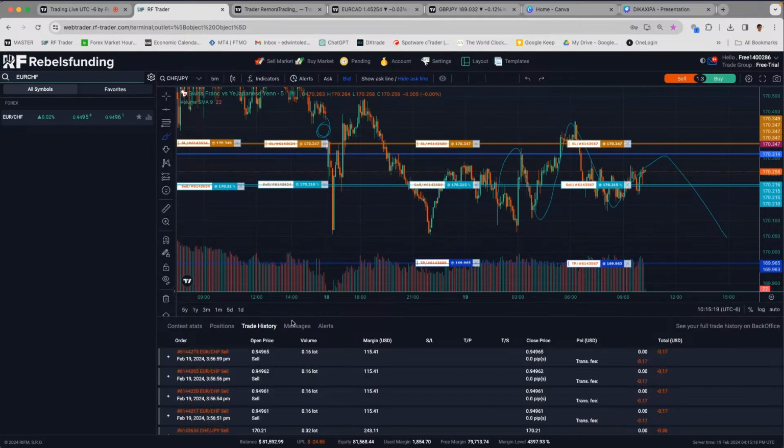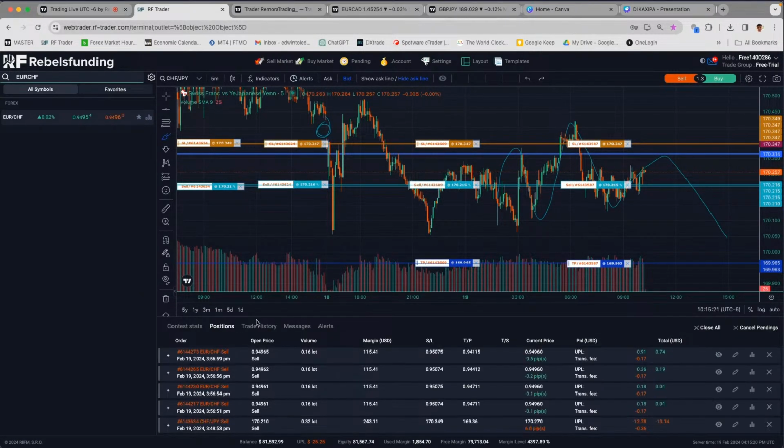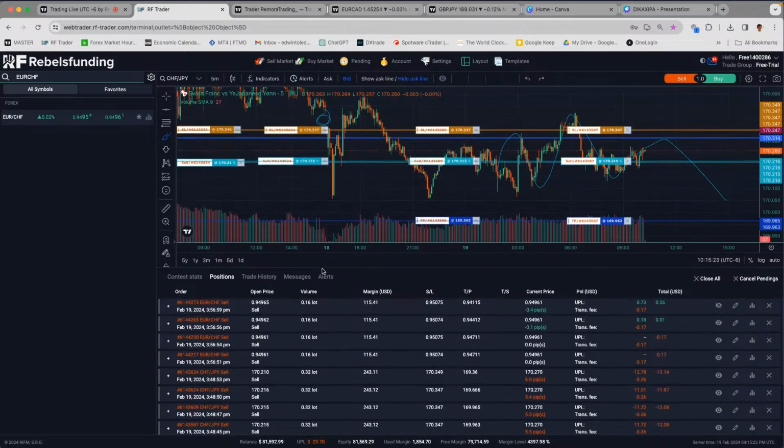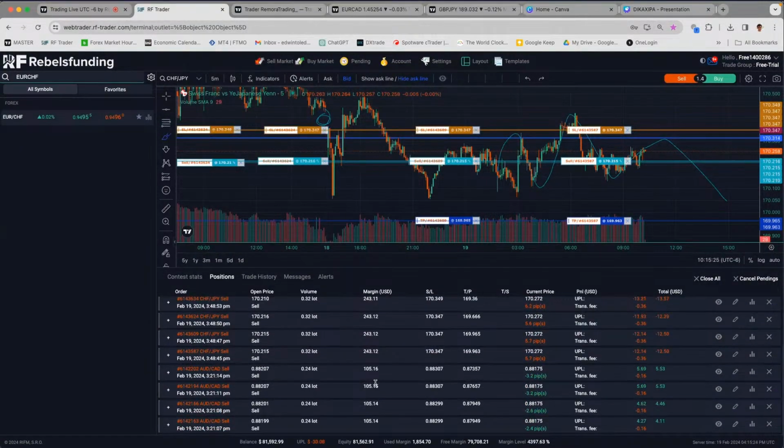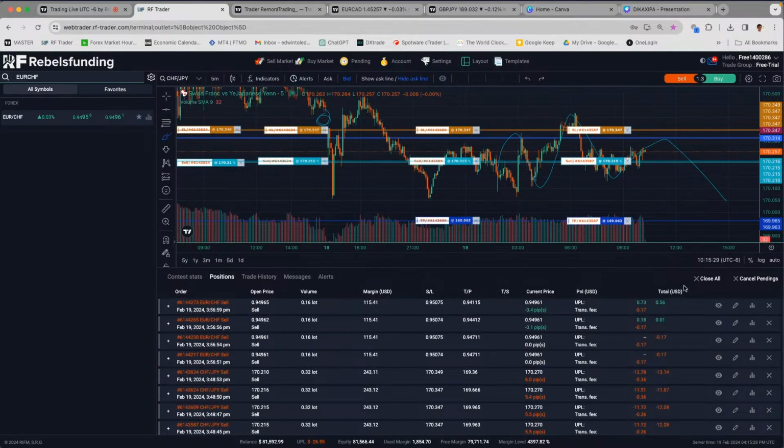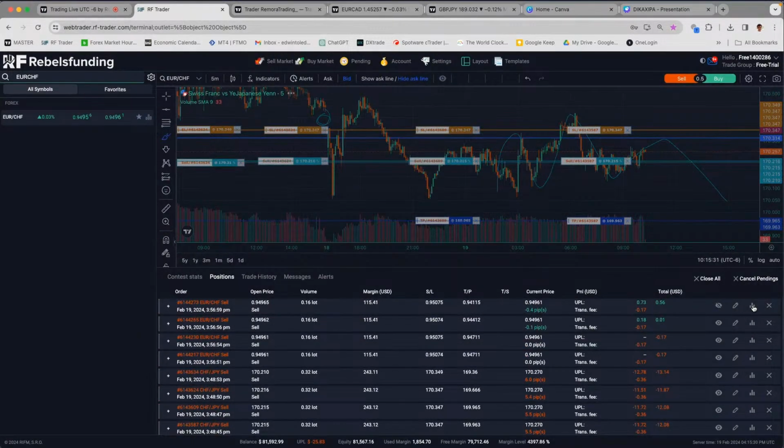And so far, the one that is working is where Euro CHF could also be down.